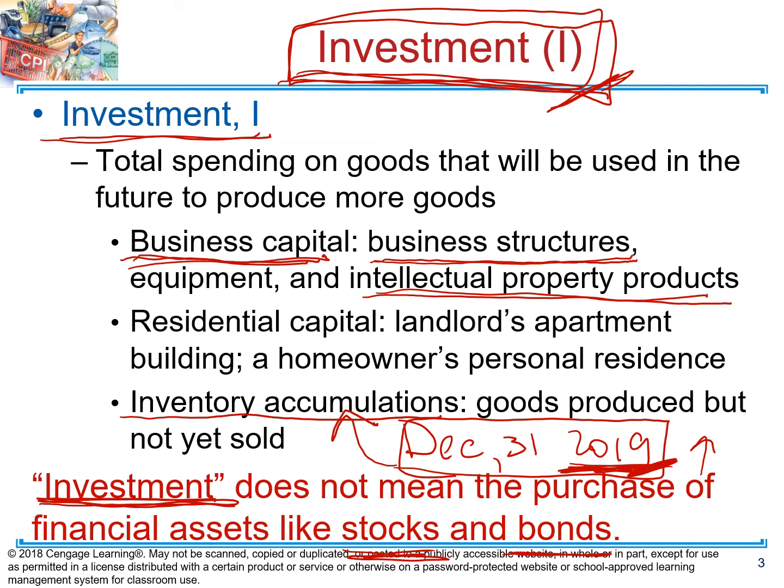Just think about it: if you, as an individual, purchase stocks in Toyota Corporation, you are going to tell your friends, I invested in Toyota Corporation, isn't it? This is what we use in everyday language. But when you purchase stocks, you did not contribute to GDP.